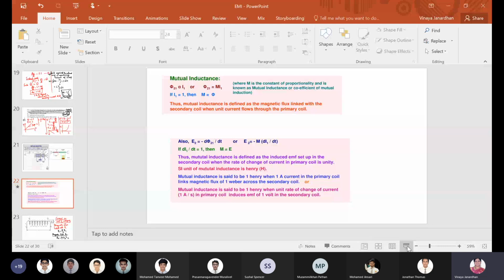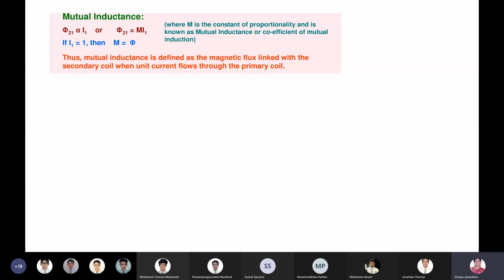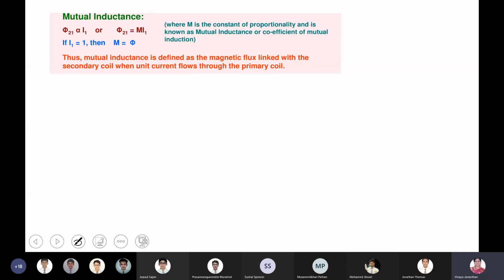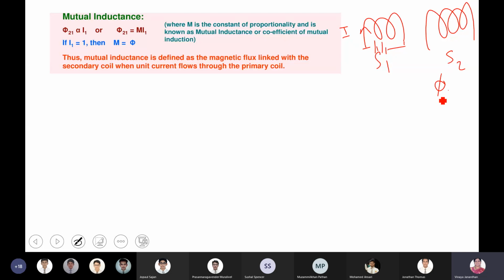Okay. We'll go for this one. Mutual inductance or coefficient of mutual induction. Now I have two coils, right? S1 and S2. So when the current passing through S1 is going to change, the flux linked with S2 is also going to change. So phi 2 is directly proportional to I1.